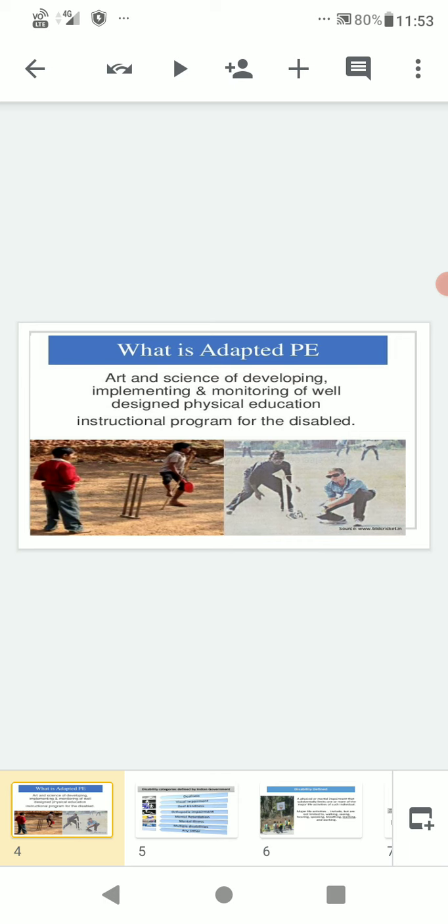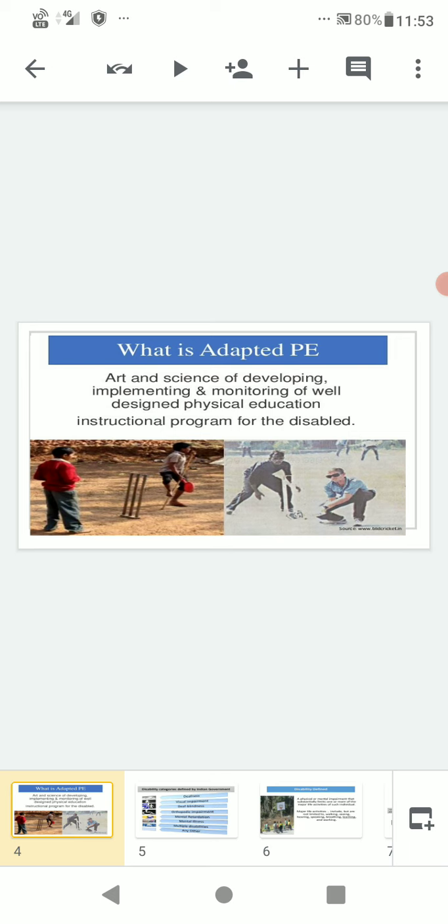Then there are some objectives of adaptive physical education. First is ensure services to meet special needs. The main as well as foremost objective of adaptive physical education is to ensure that a differently abled student is provided with physical education services that meet his or her unique or special need appropriately.